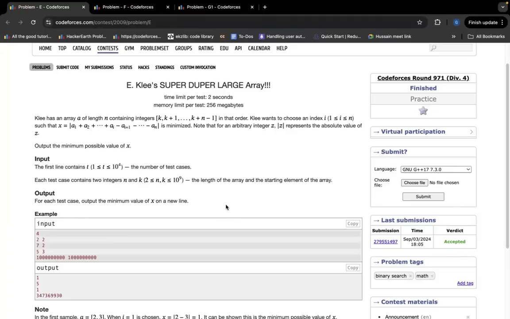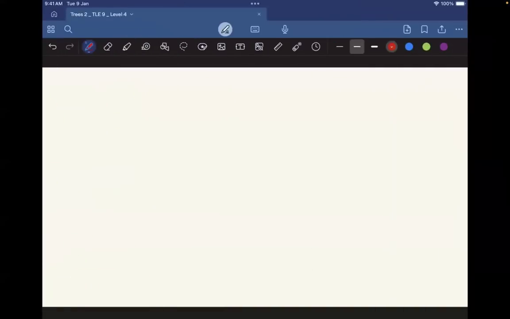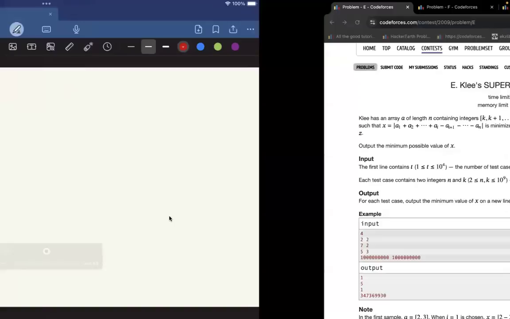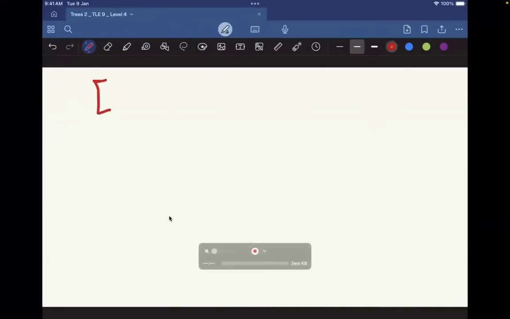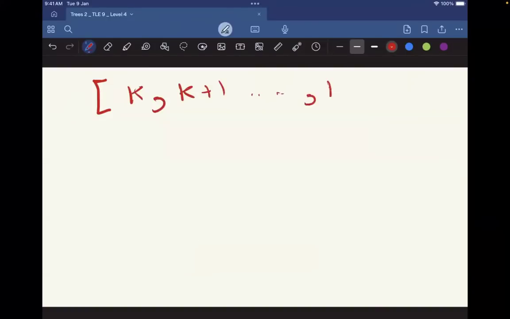Okay. So guys, what does the problem say? The problem says that you are given an array. And in the array, you have elements of this sort. You have elements like k, k plus 1, so on and so forth up till k plus n minus 1. Okay. Now, what is our task?